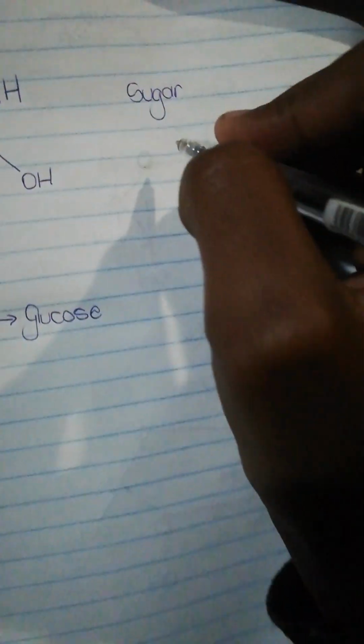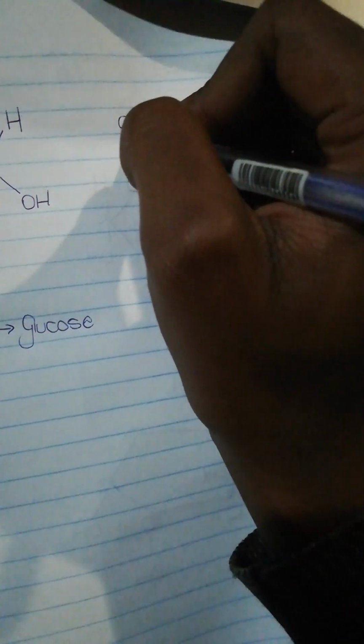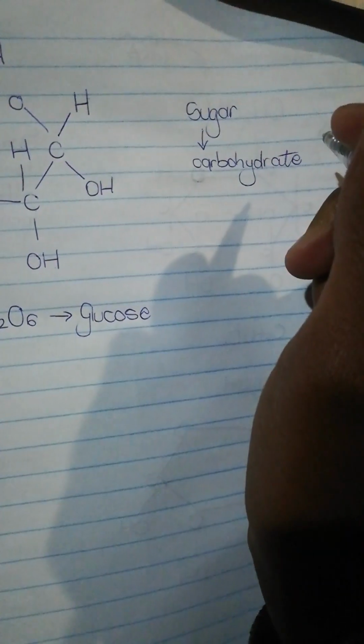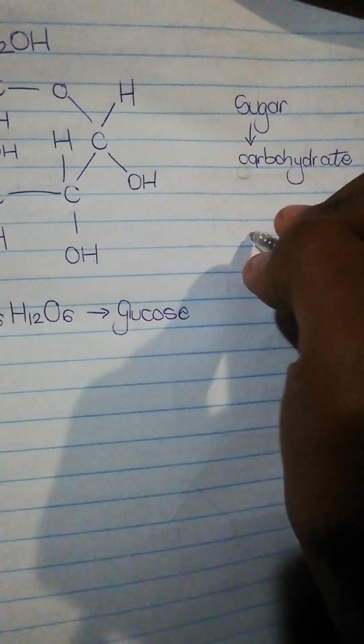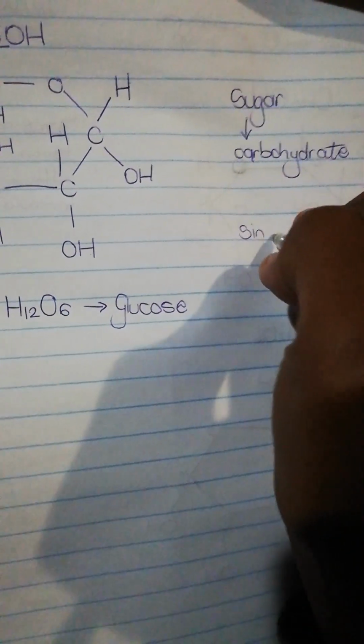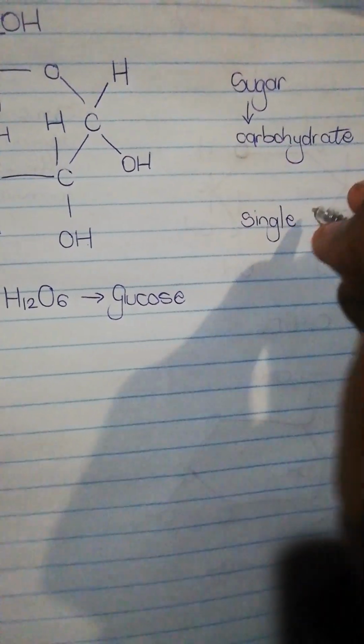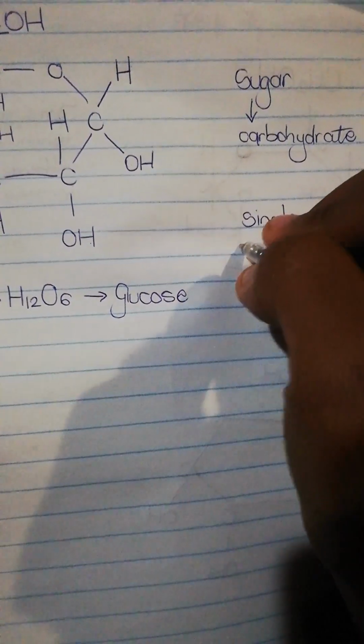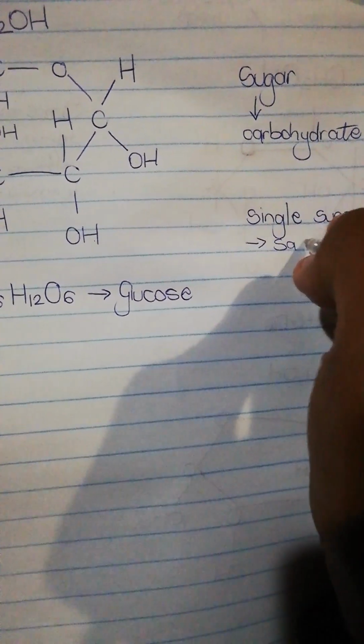Glucose is known as a simple sugar, and a simple sugar is the tiniest unit of a carbohydrate. And over here, what makes glucose special is that as a single sugar, it's known as a simple sugar. You can also call it a single sugar or saccharide.